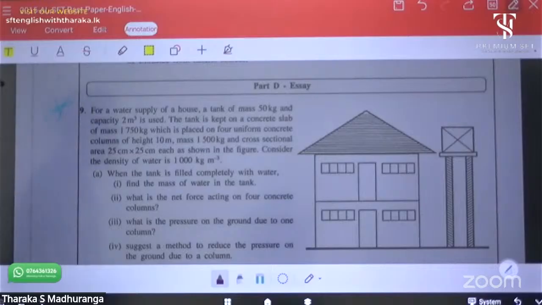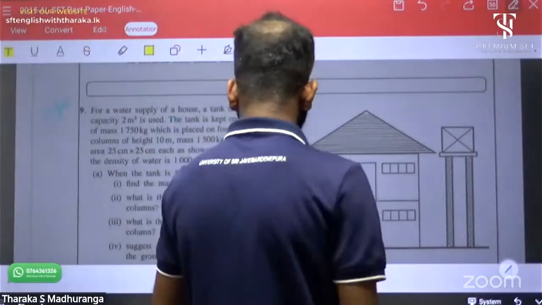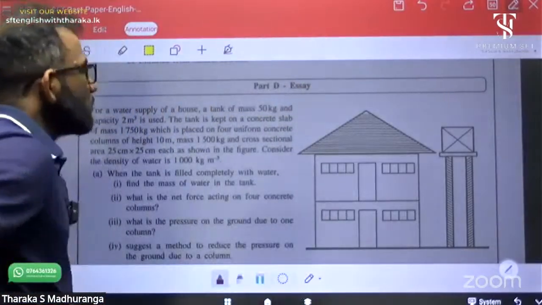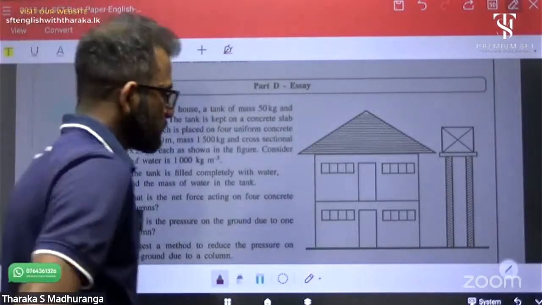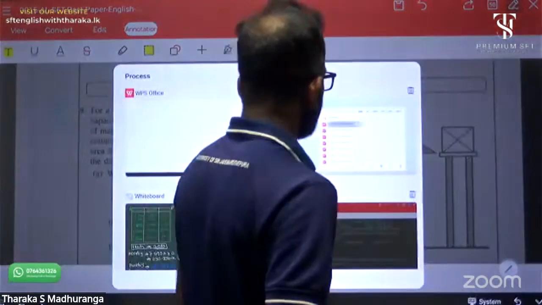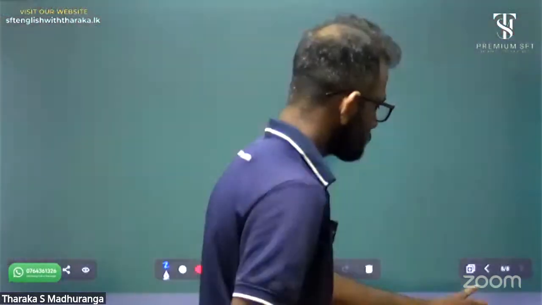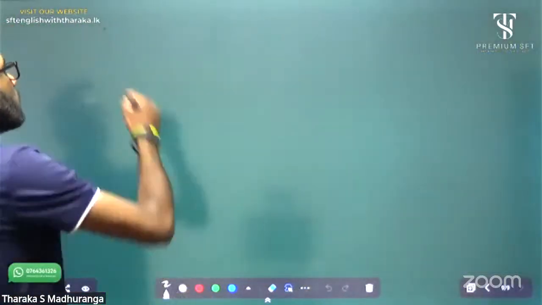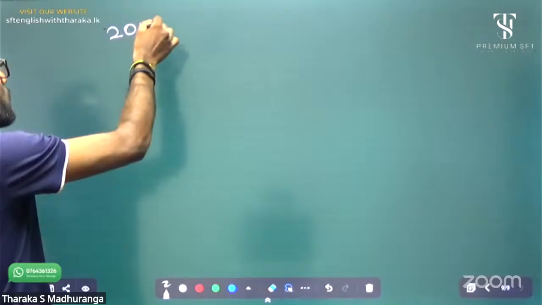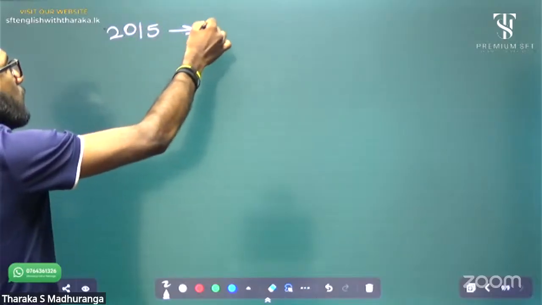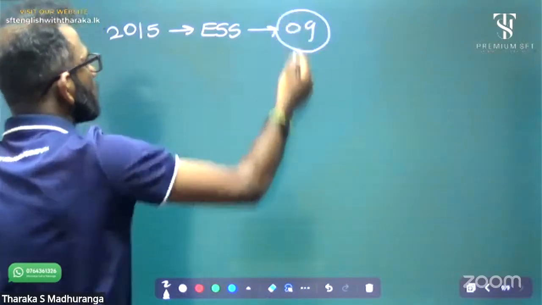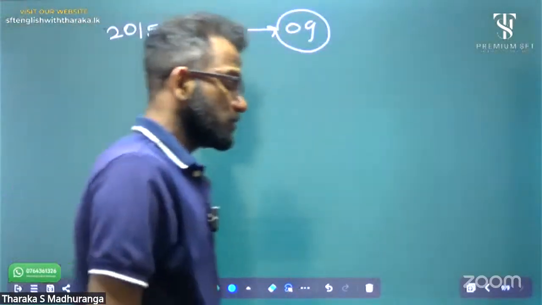Before Friday, you have to complete. This is homework number 1, 2015 A level paper, essay question number 9.